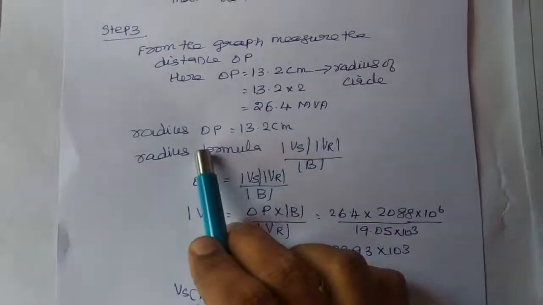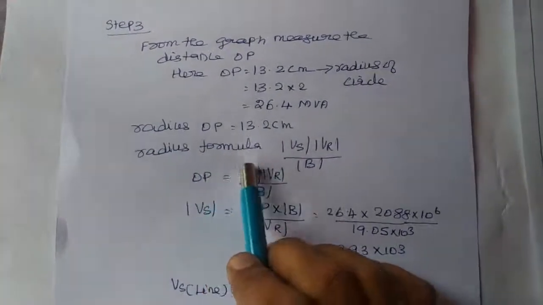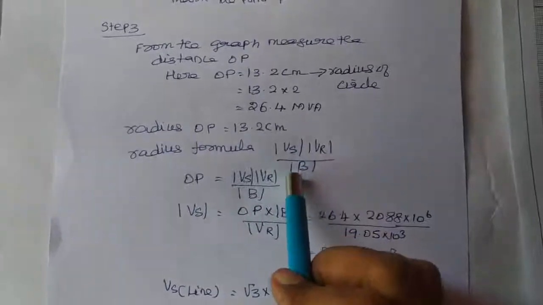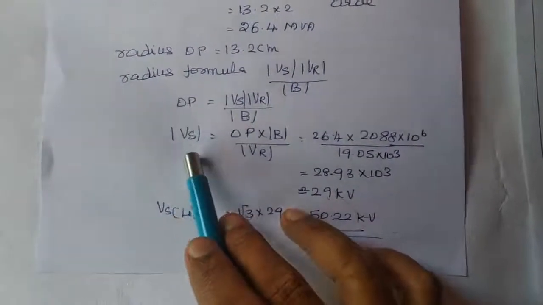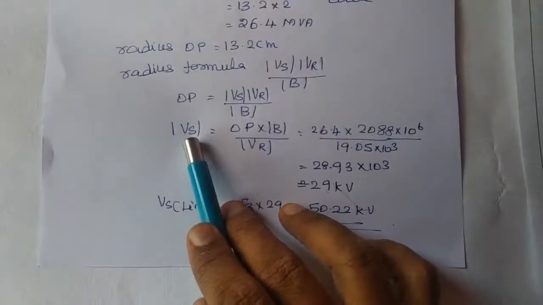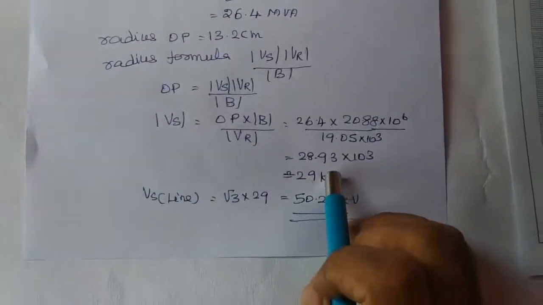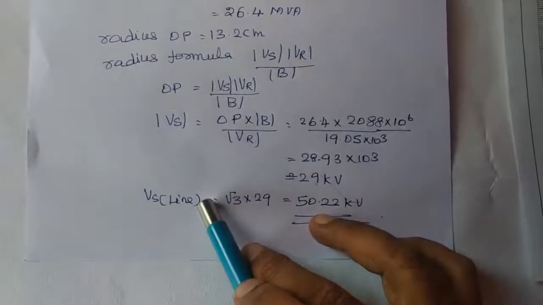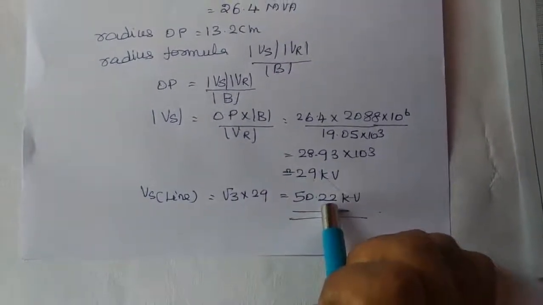Then OP gives the radius of the circle. The radius formula is VS VR divided by B. From this formula we are going to calculate the sending end voltage VS. VS equals 29 kV. Then converting this voltage into line voltage, we are getting 50.22.